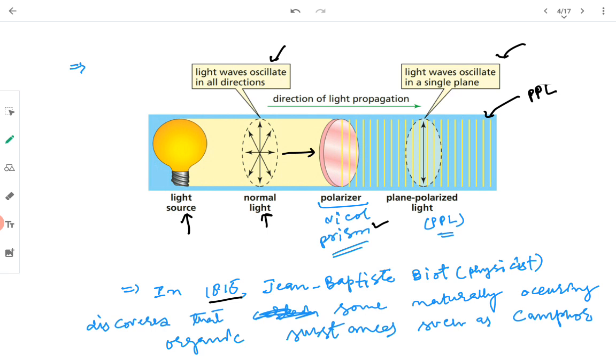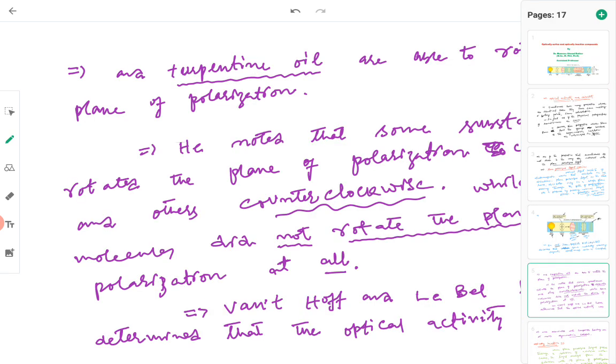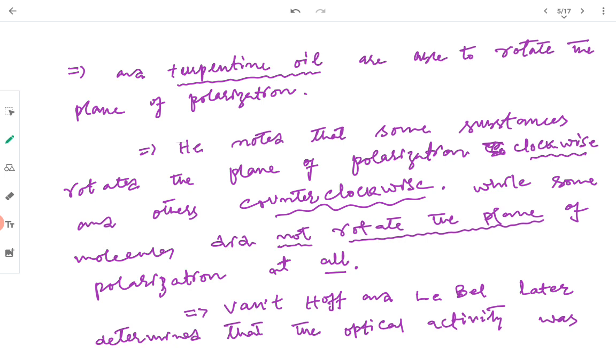In 1815, Jean Baptiste Biot, who was a physicist, discovered that some naturally occurring organic substances like camphor and turpentine oil are able to rotate the plane of polarization of plane polarized light.